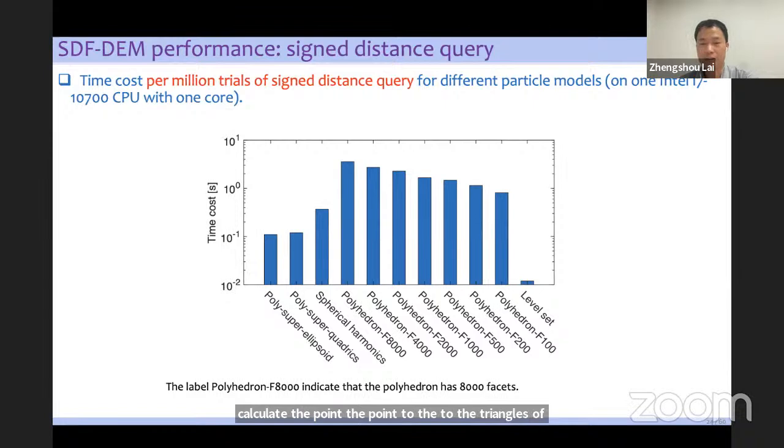So for polyhedron, it is very computationally expensive. Here we can see the level set is very computationally efficient. So based on the memory consumption and the computational efficiency, we can choose the proper particle model for a specific simulation task.